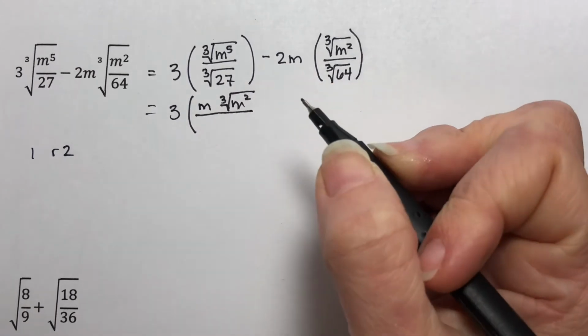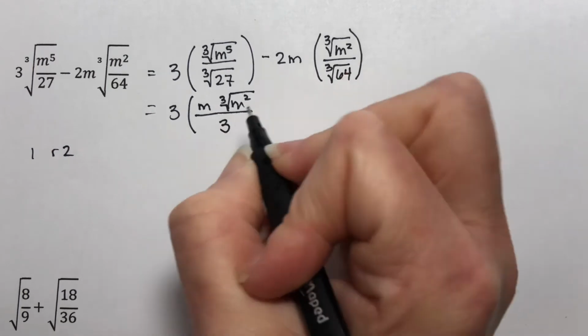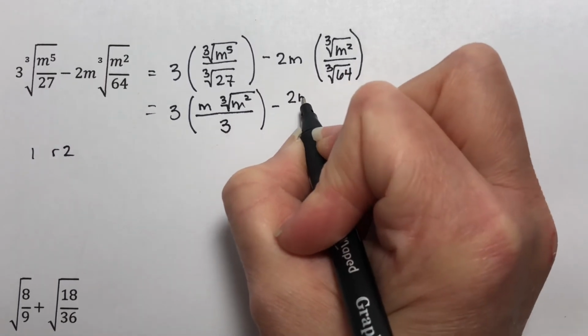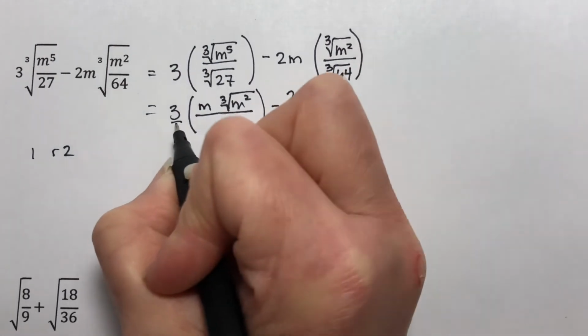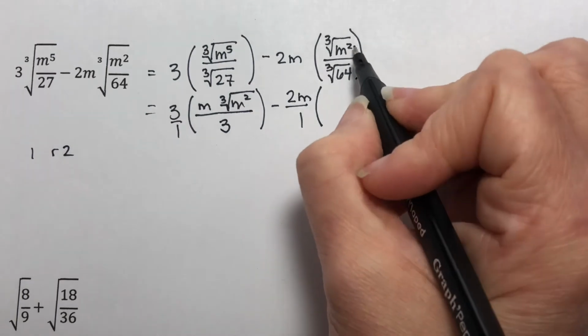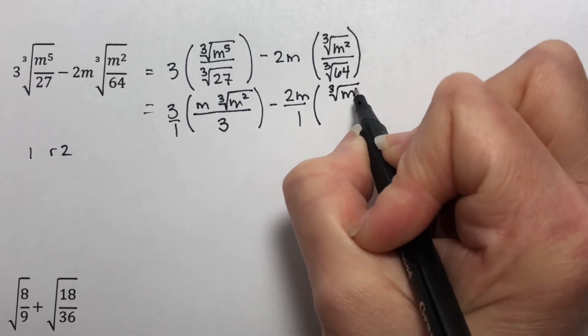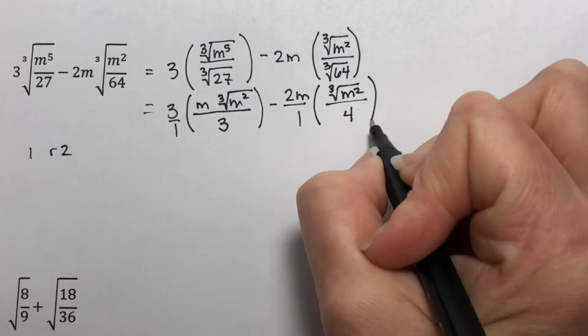And this is over the cube root of 27, which is 3. Minus 2m times, this is over 1, this is over 1. That will help me in a second. 2 is smaller than 3, so that does not simplify. The cube root of 64 is 4.